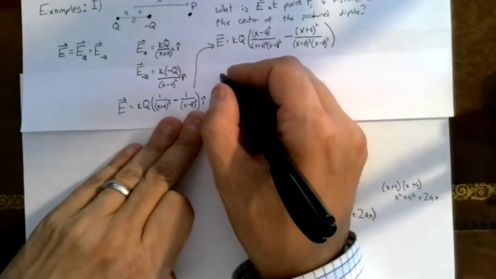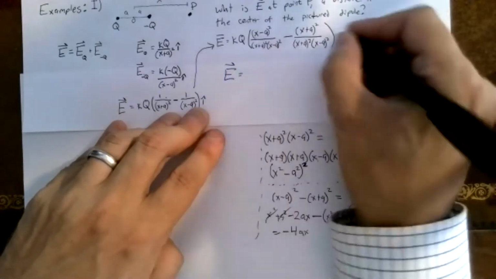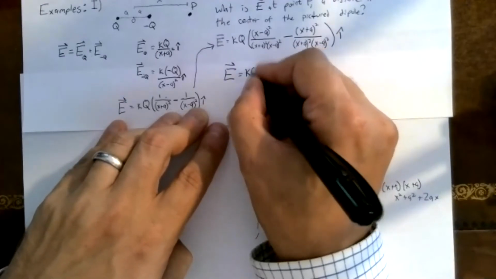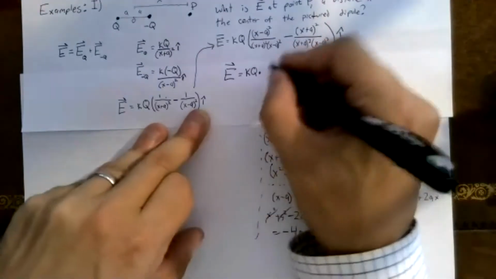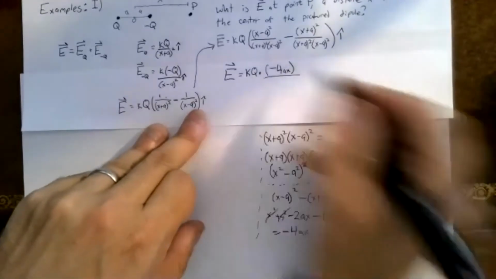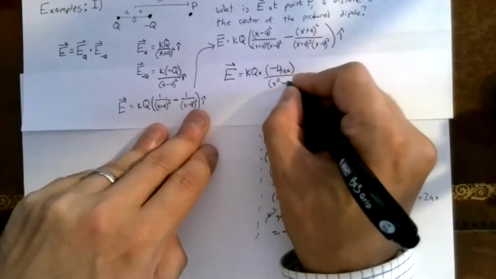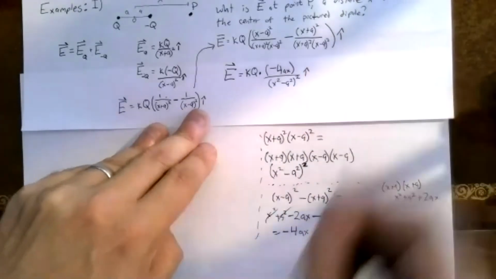So now we can write this in a much more simplified form. I forgot the i-hat I had over there. That's going to be kq times (x − a)² minus (x + a)², which we said is negative 4ax, and in the denominator we just have (x² − a²) quantity squared, and the i-hat.